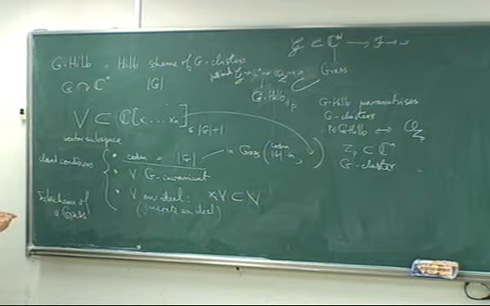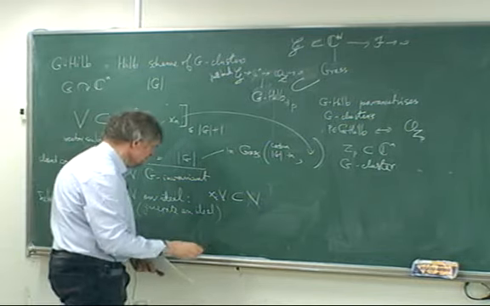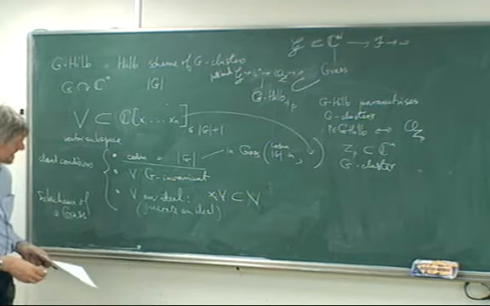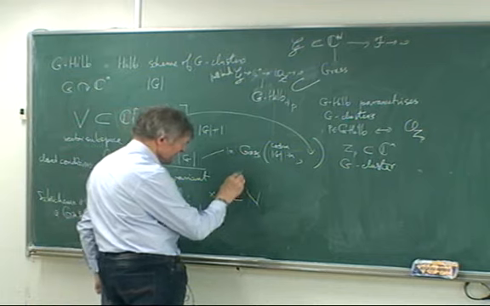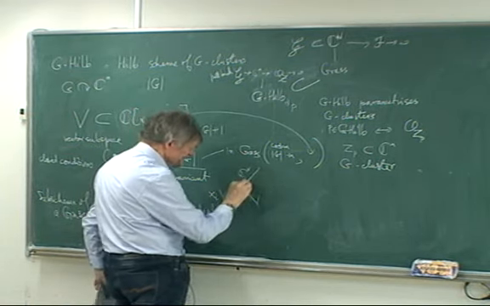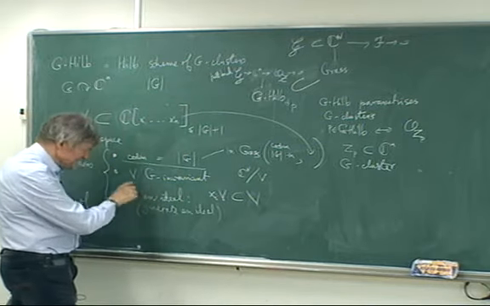Yes, I'm sorry. I want the quotient to be... I haven't written down here the condition on C^n divided by V. I've said that it's G-invariant.